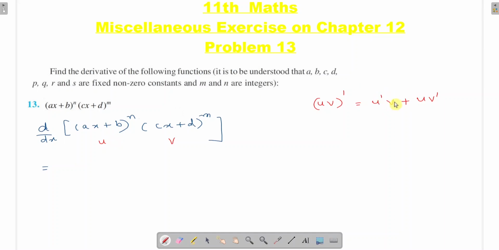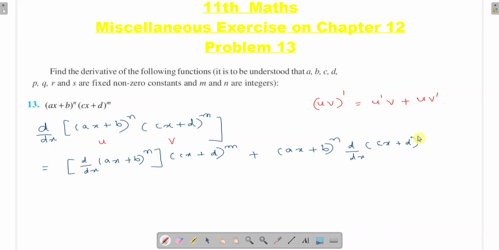The formula says u prime v, that means derivative of u, so d by dx of (ax plus b)^n, times v, that is (cx plus d)^m, then plus u, so u is this (ax plus b)^n, times the derivative of v, that is (cx plus d)^m.